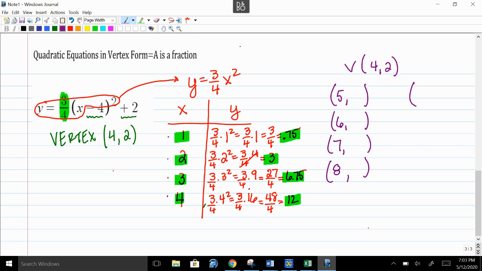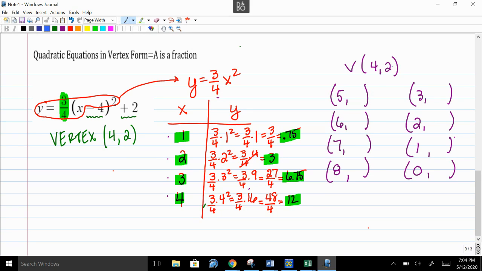We talked about this with the problems we worked on yesterday. So from 4, it's going to go down 1 again, down 1 again, and down 1 again. So what your x values are depends on, obviously, the x value in your vertex. But they're going to go up 1 on one side, down 1 on the other side. Your y's are a little bit different.